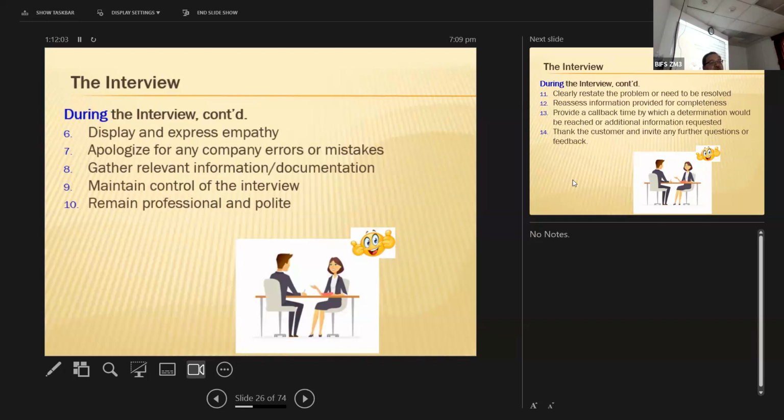So if someone's coming to you and they need money to bury a loved one, or for medical needs, for the terminally ill, for themselves or for a relative, you want to say, oh my, I'm so sorry to hear that. How is your mom doing? How's your dad? How's your aunt doing? How's your Grammy doing? Whoever the person is, or they may have recently had a loved one pass, right?